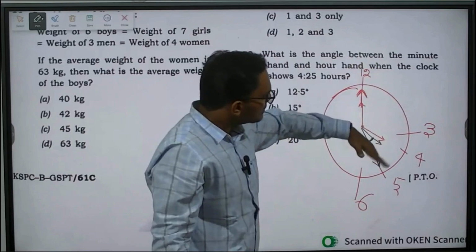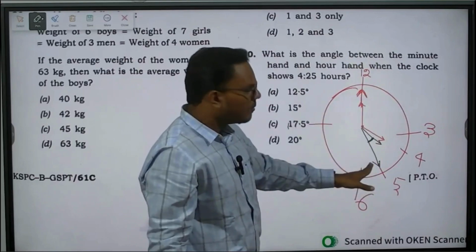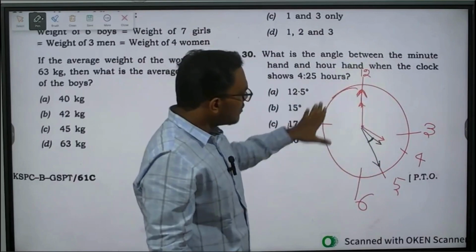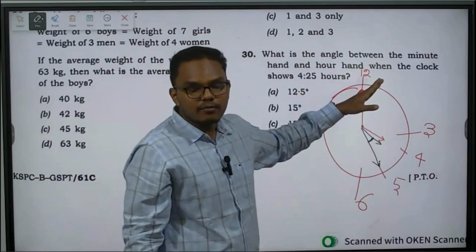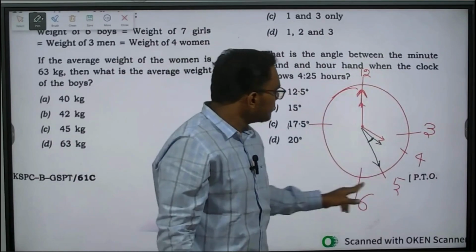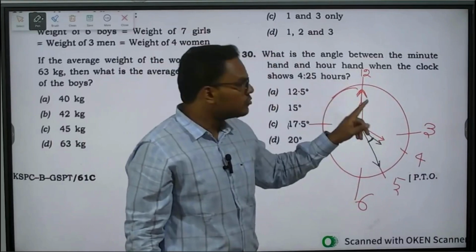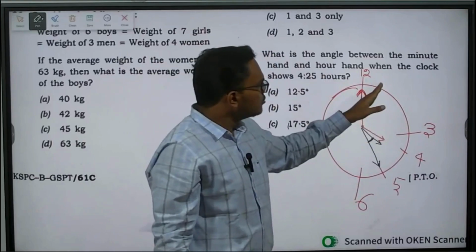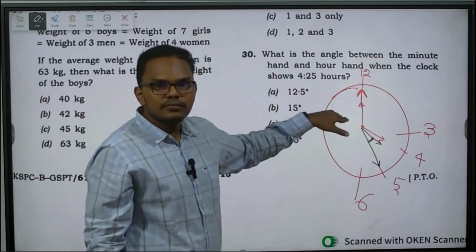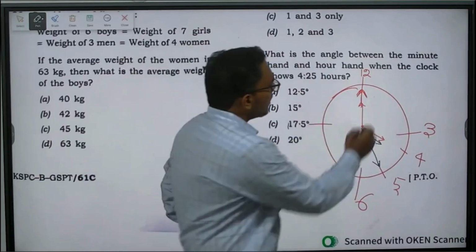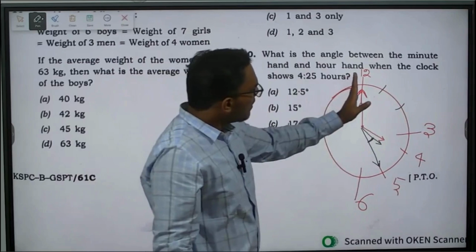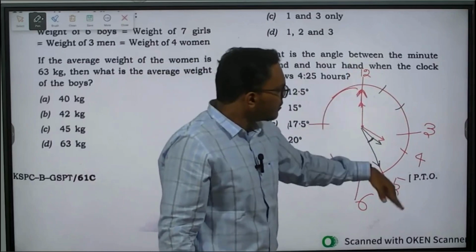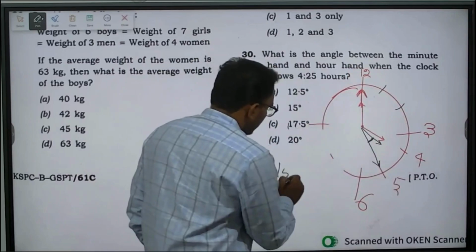If your minute hand comes one entire round, it's 360 degrees. So 360 by 12 is how much? 30. So for every 5 minutes, it's covering 30 degrees. So your minute hand from 12 to 25 has covered 150 degrees.